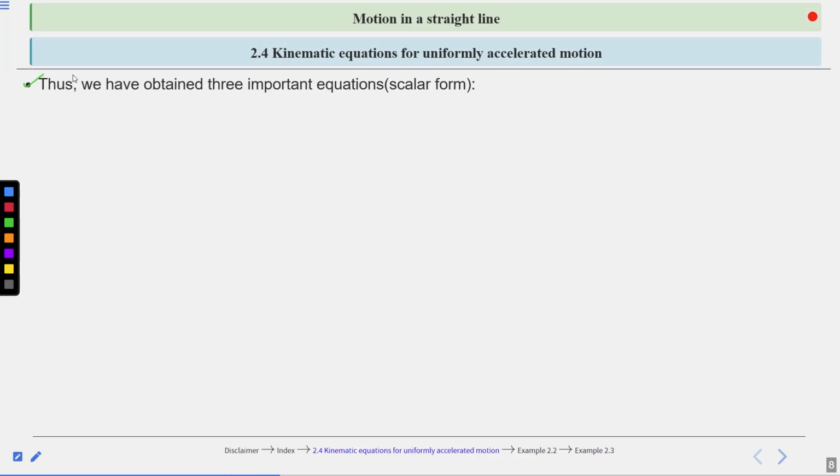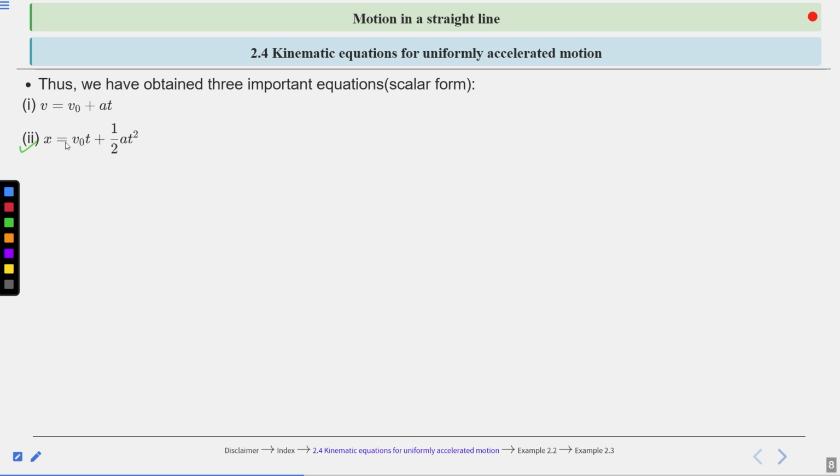Thus, we have obtained three important equations in scalar form. You know, a scalar is a physical quantity which has only magnitude, whereas a vector is a physical quantity which has both magnitude and direction. So the first equation is v is equal to v naught plus at.